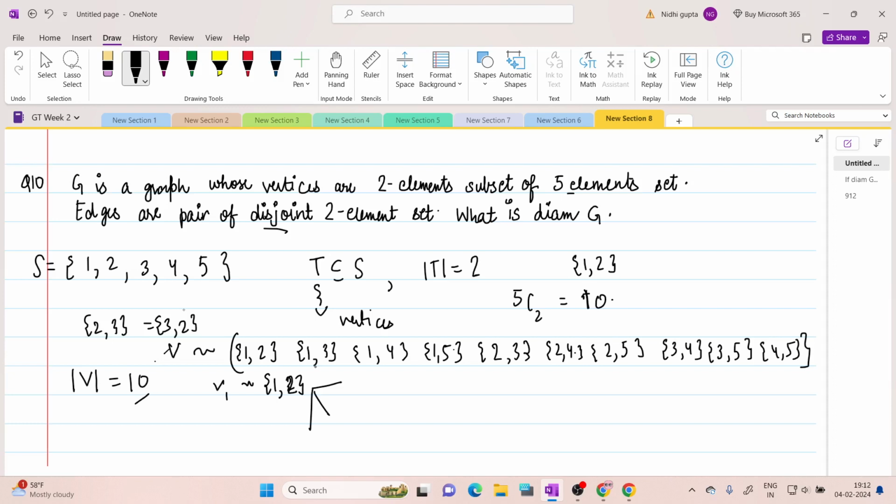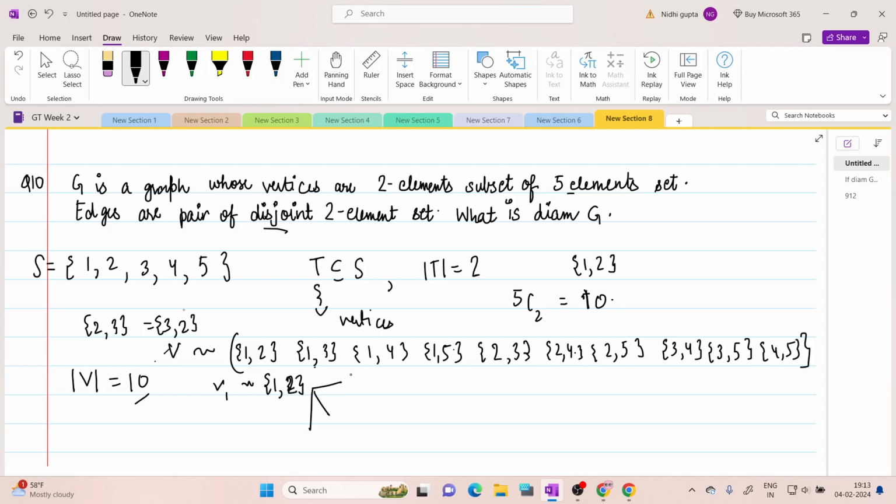Will {1, 3} be adjacent to {1, 2}? No. So what are the possible adjacent vertices? No element should be common.